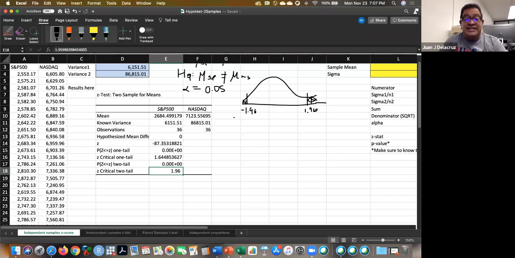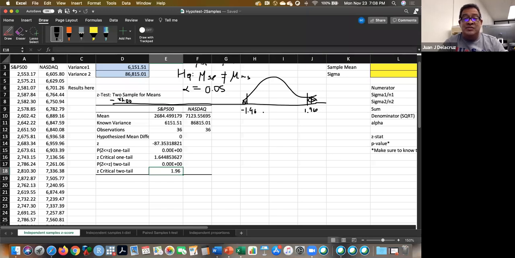So minus 87 is gonna be way out here. Is that number within the rejection region? Yes, it is. So that means that we are gonna reject the claim. We don't have enough evidence to support the claim that the means are equal.